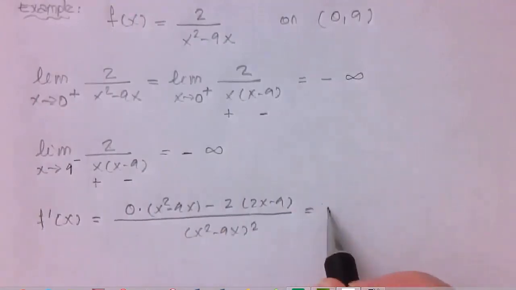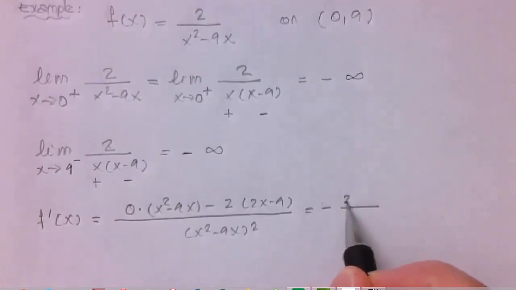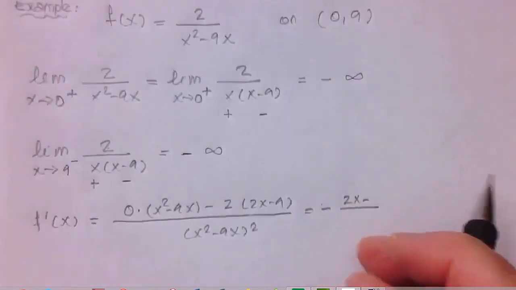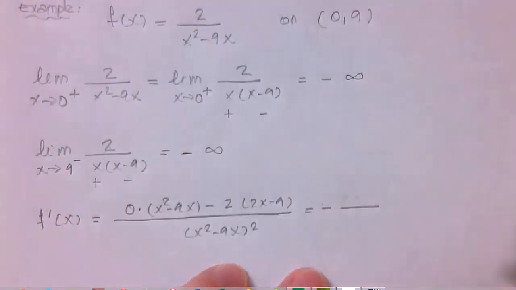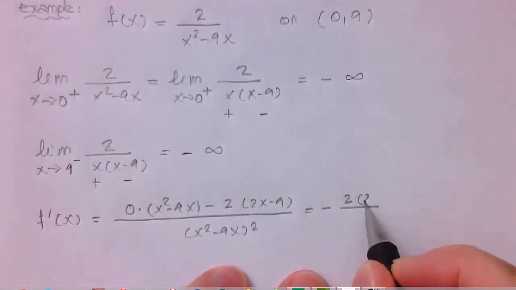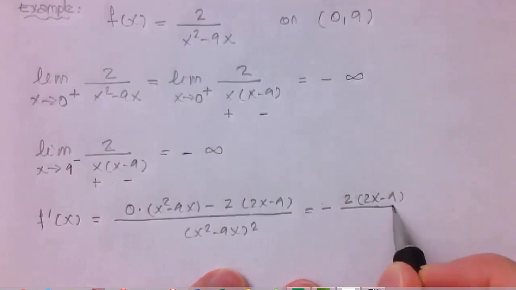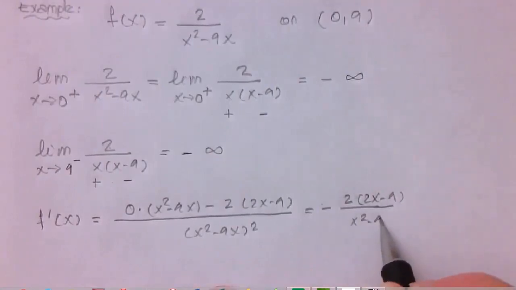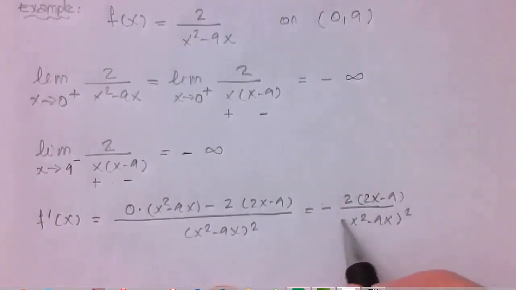So we get negative 2 times 2x minus 9, over x squared minus 9x, squared.